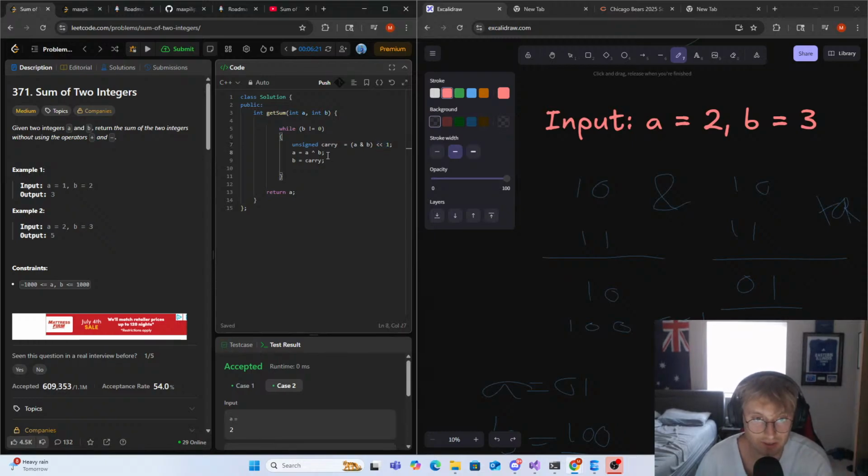So that makes sense. Then we XOR it, which normally adds our A and our B together. And then in our next iteration here, we'd AND it again. Okay, so this is making sense now, I think, for me. Apply the carry to the next bit. And we keep going till our B is 0.